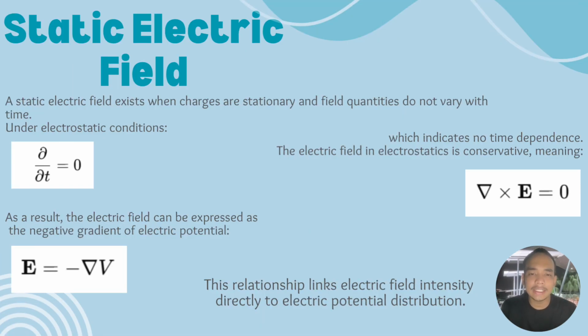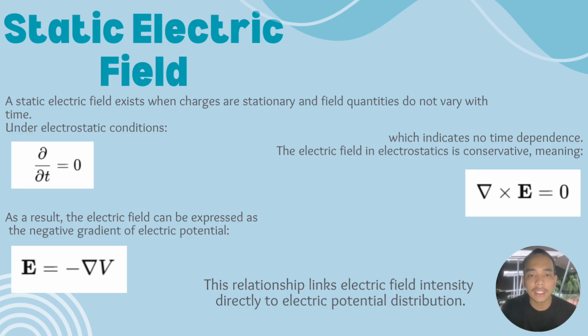A static electric field exists when charges are stationary and field quantities do not depend on time. Under electrostatic conditions, partial over partial t equals 0. The electric field is conservative, which means del cross E equals 0.